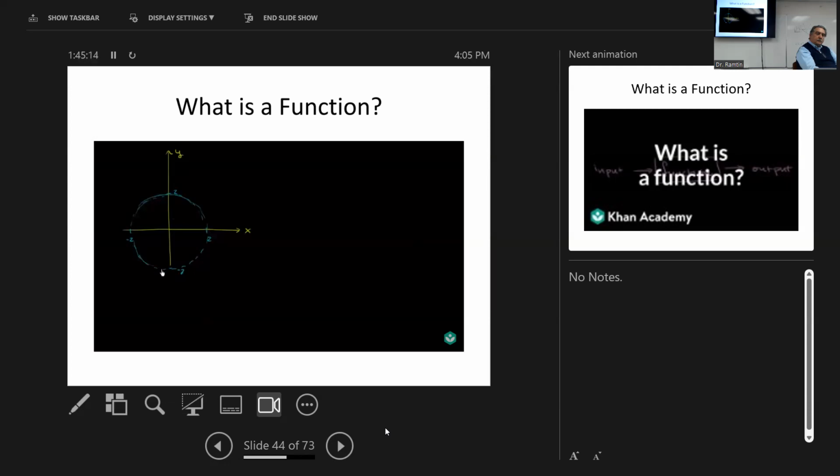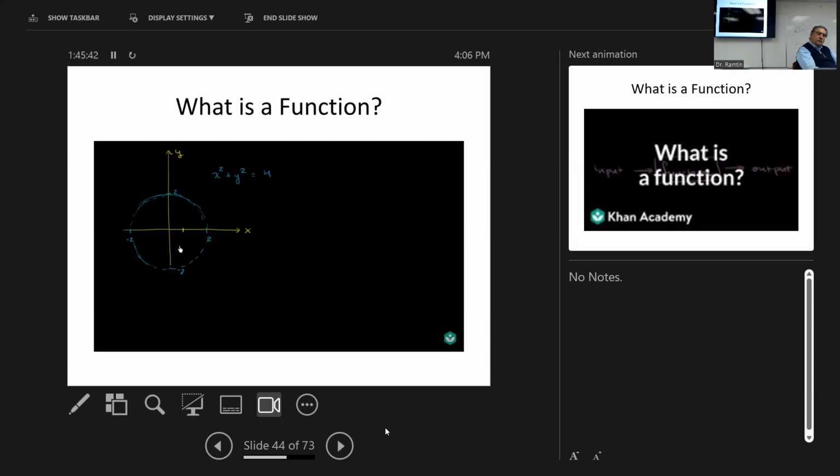Fill it in. So this is a circle. The equation of this circle is going to be x squared plus y squared is equal to the radius squared, is equal to 2 squared, or it's equal to 4. So the question is, this relationship between x and y, here I've expressed it as an equation, and here I've visually drawn all of the x's and y's that satisfy this equation, is this relationship between x and y a function? We can see visually that it's not going to be a function.